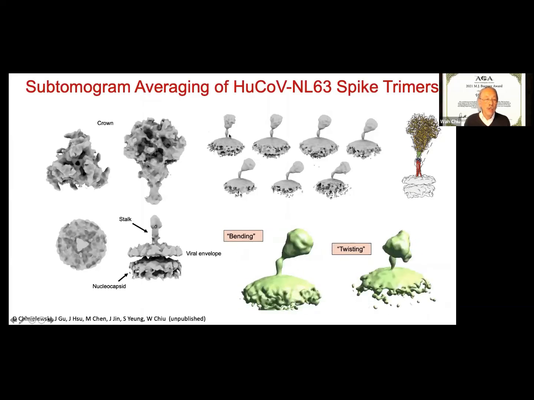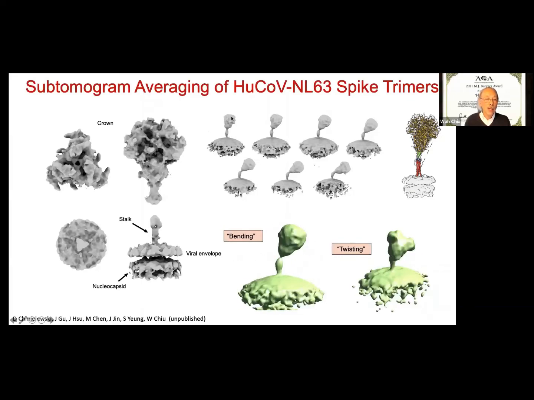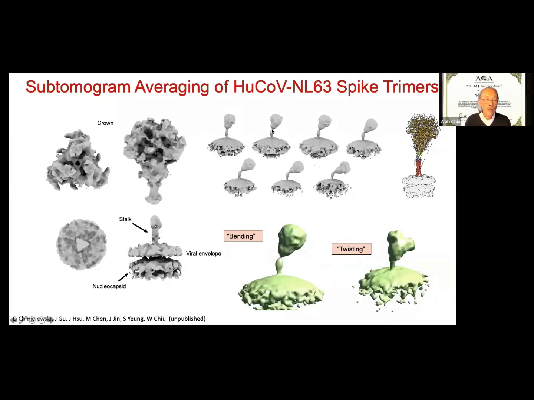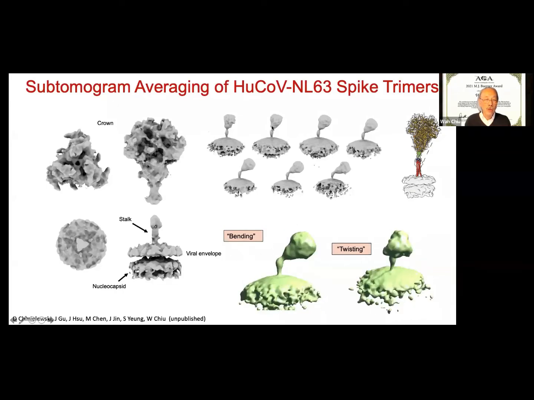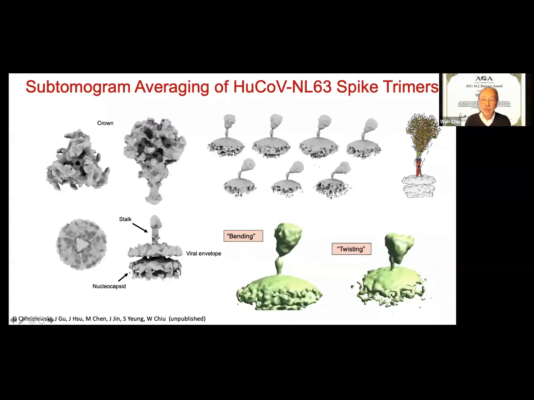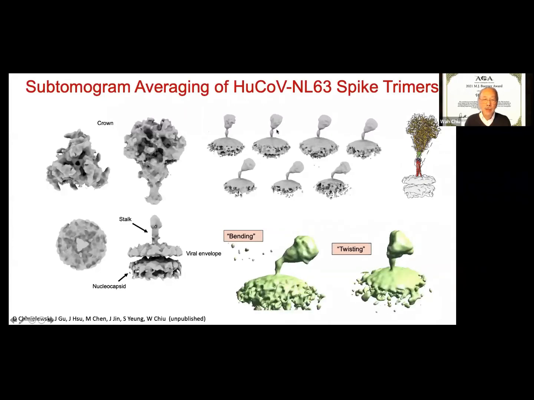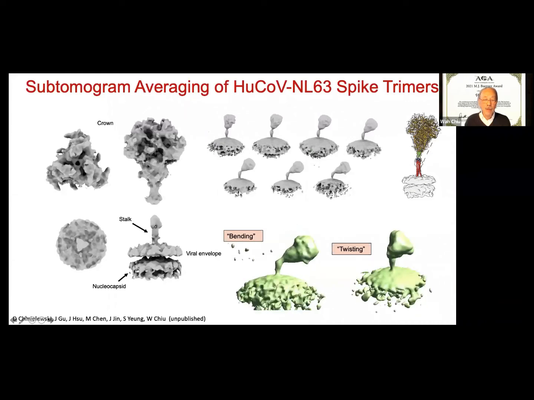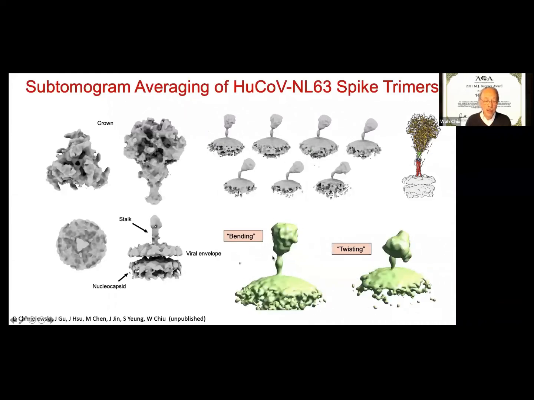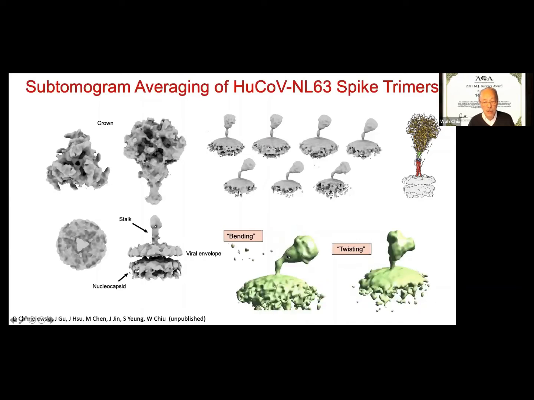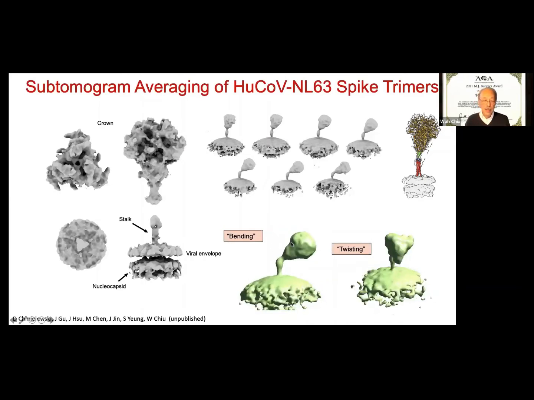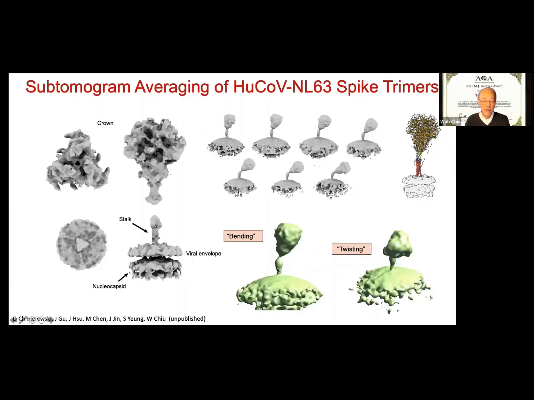As a result, some of the crown parts are perpendicular to the surface, and others form an angle between the stalk and the crown. That means they can be tilted. Some tilt less, some tilt more. When we put a number of these pictures together, we interpolate all these snapshots and make a movie suggesting this crown part can bend.